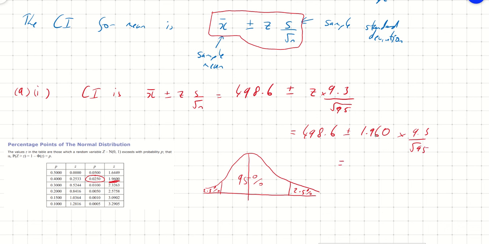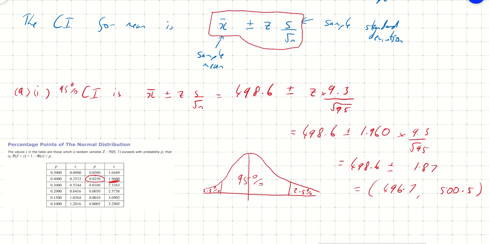And that gives us 498.6 plus or minus 1.87, I think. If you do the minus, you get 496.7, and if you do the plus sign, you get 500.5. So that's our 95% confidence interval for the mean.